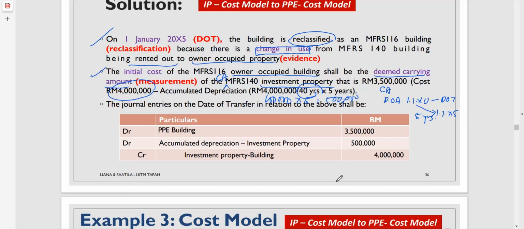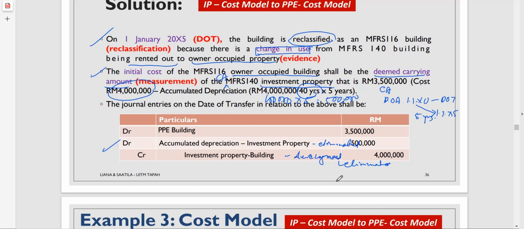So on the day of transfer, since it is now a PPE, the accumulated depreciation relating to the IP must be eliminated. So 500,000 must be eliminated because it has been provided earlier, credited to accumulated depreciation. Now you need to go and debit. The investment property also must be derecognized. The amount being transferred, the cost or the carrying amount of the investment property, was 4 million. So it is derecognized or eliminated.